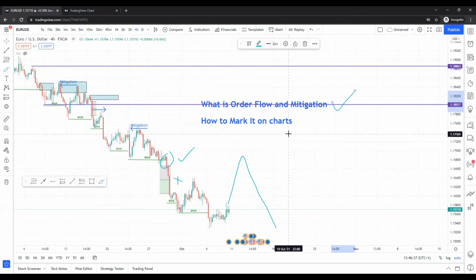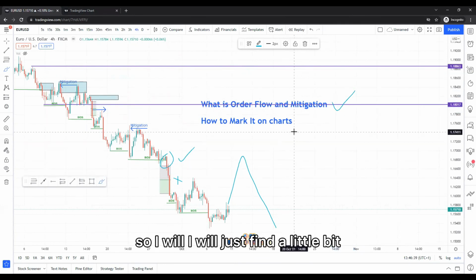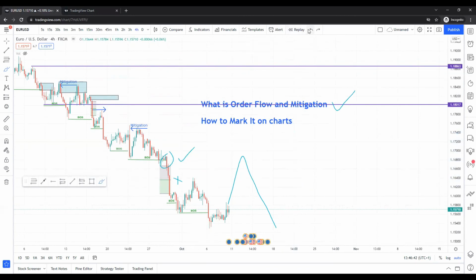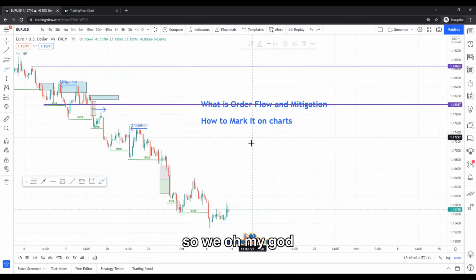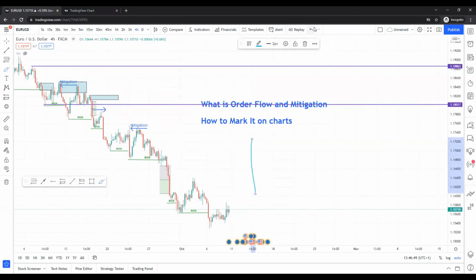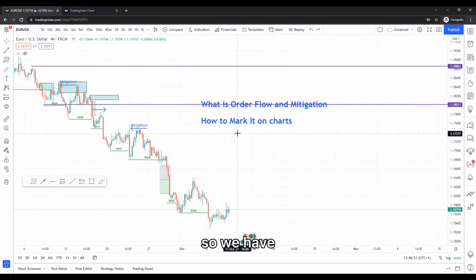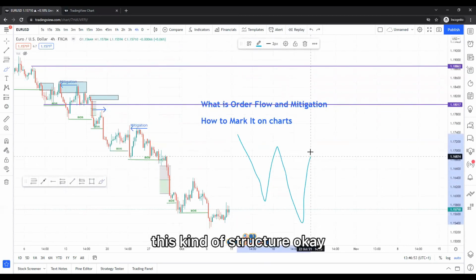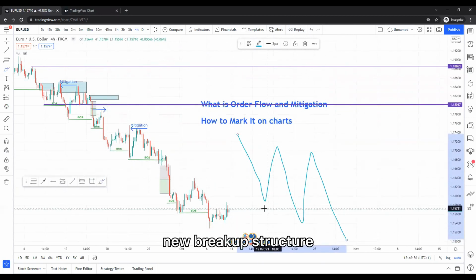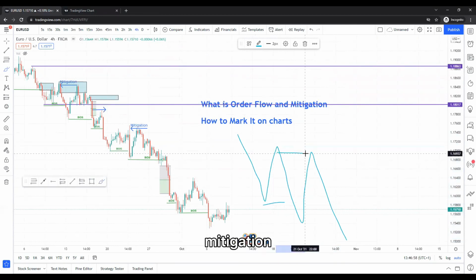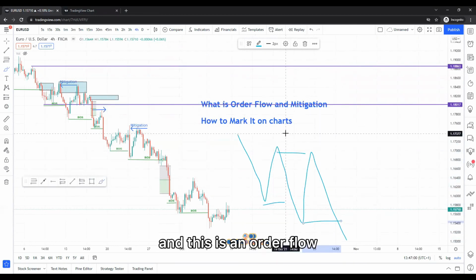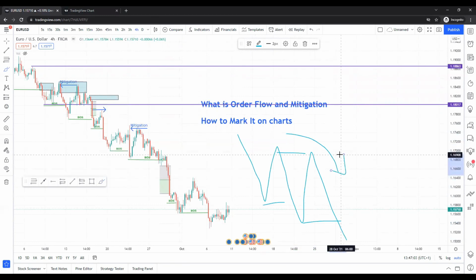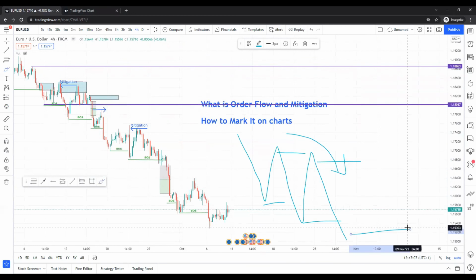So yeah, I will finally repeat what it is in a nutshell. We have this kind of structure. Okay, new break of structure, mitigation, break of structure, and this is an order flow. Okay, so you just follow the mitigation, and that's order flow.